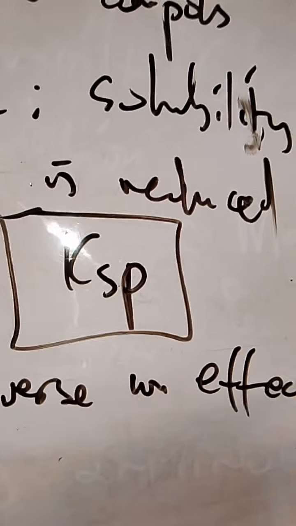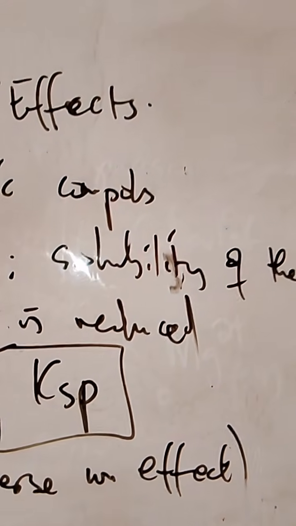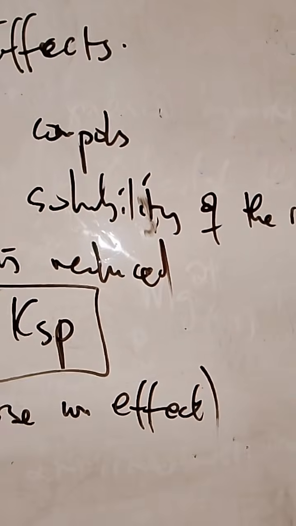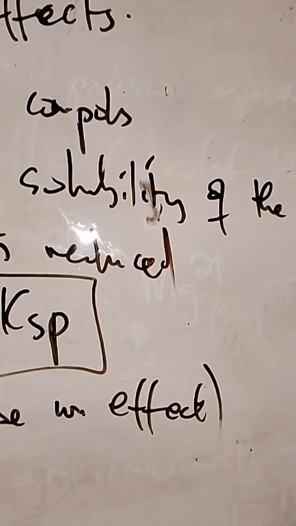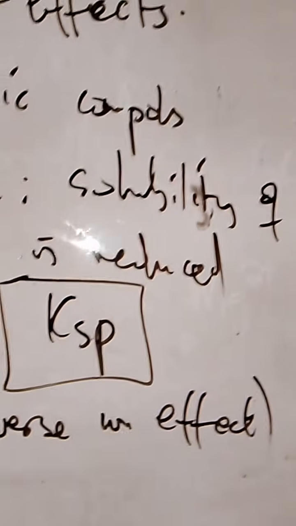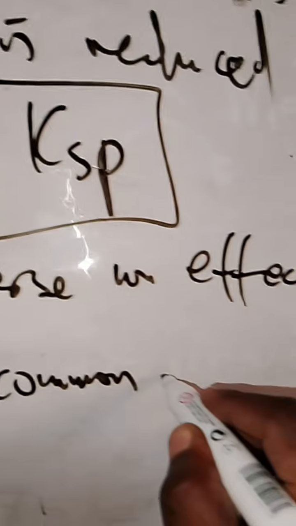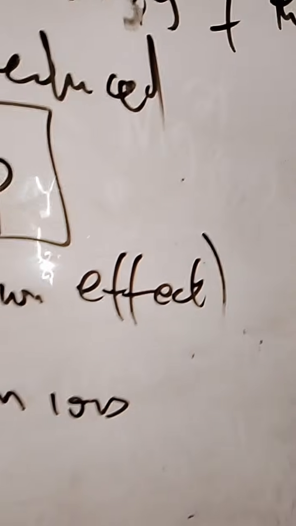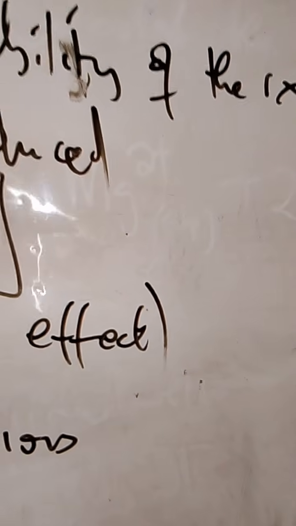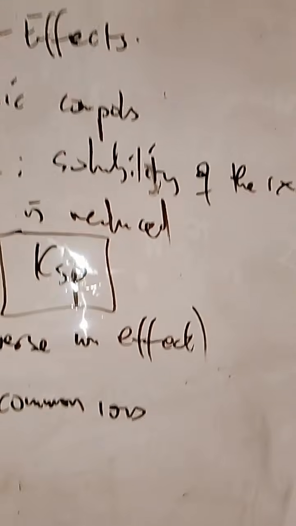It has an opposing effect on the Ksp value to the common ion effect, and uncommon ions increase the Ksp value. Uncommon ions are ions other than those involved in the equilibrium.